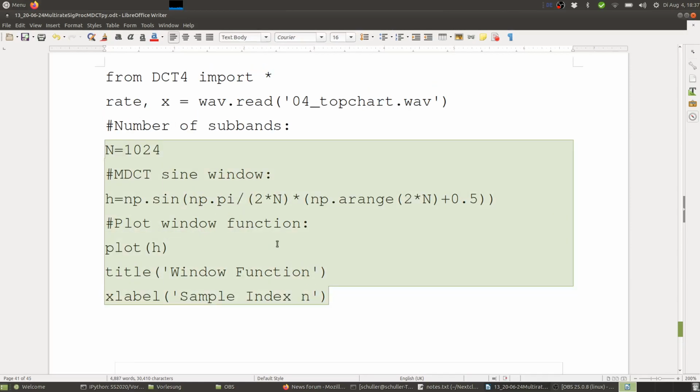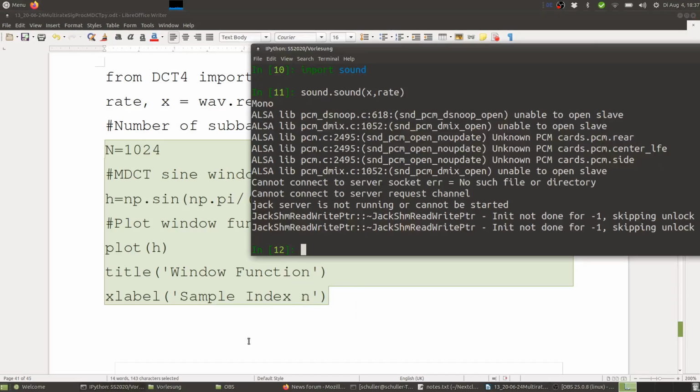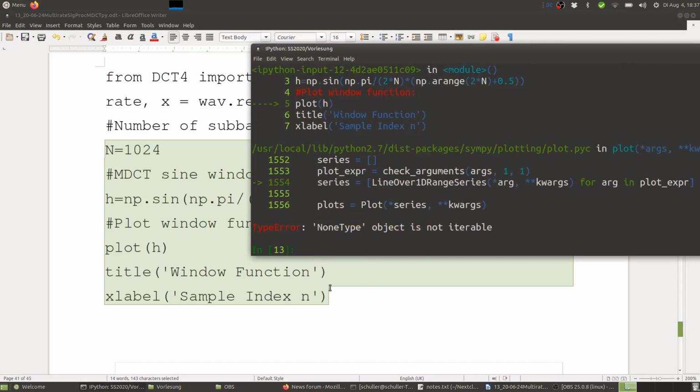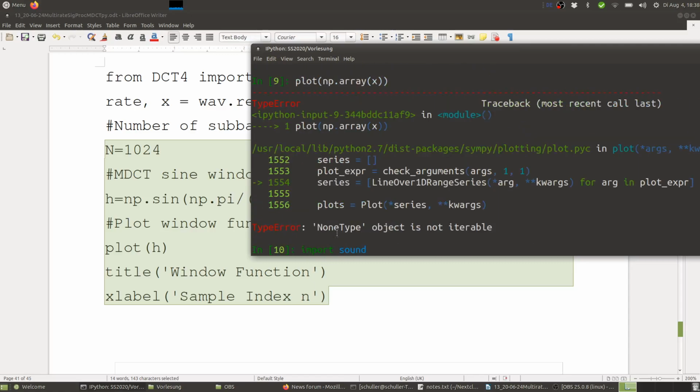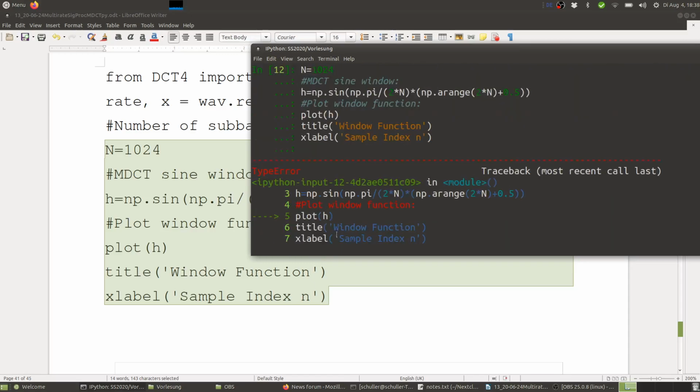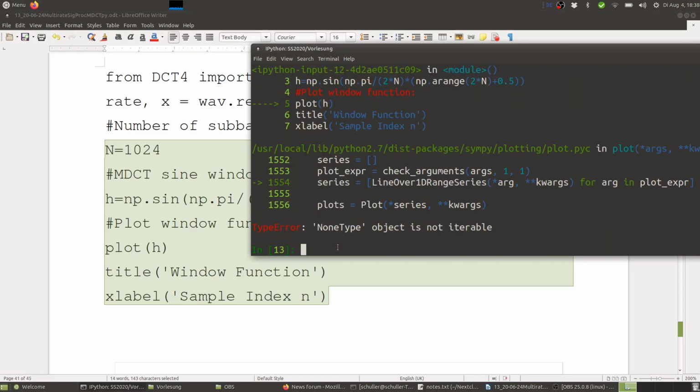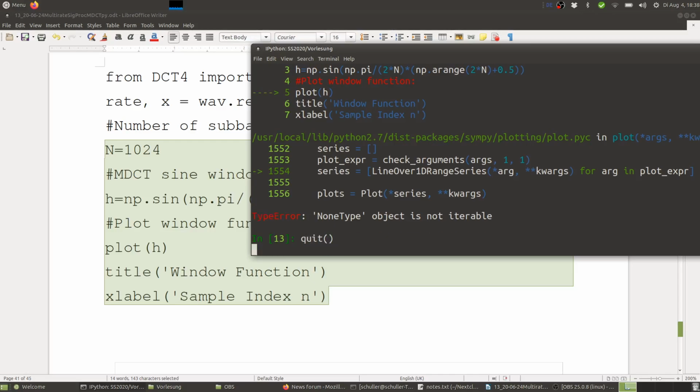so copy, paste. Again it has a problem with the plot. That's kind of funny. Strange. It doesn't like the plot. That's really strange. Maybe I quit.